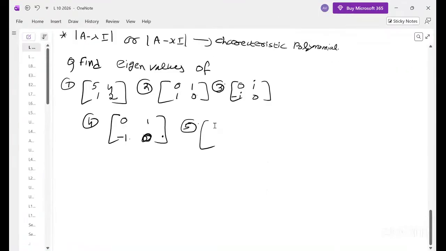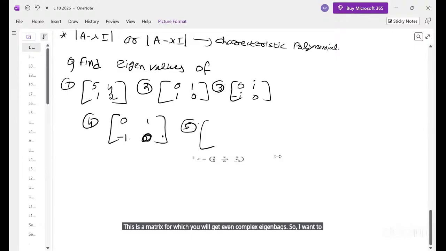So here I will copy. This is a matrix for which you will get even complex eigenvalues. So I want to do this question 3 by 3, particularly when no shortcut works, how to find them.